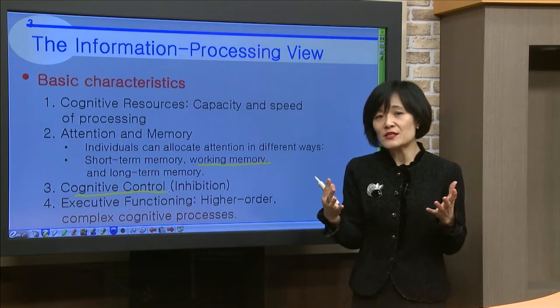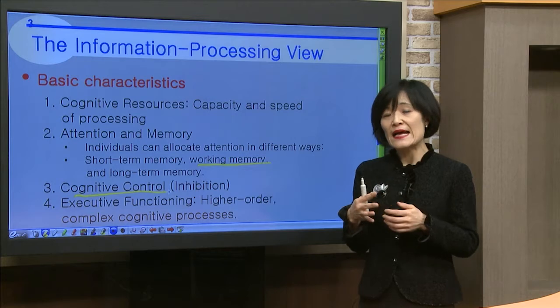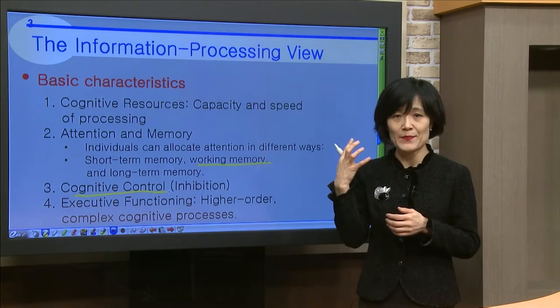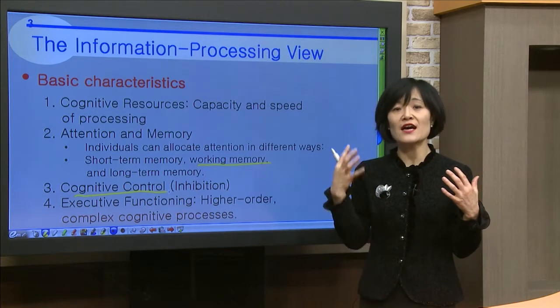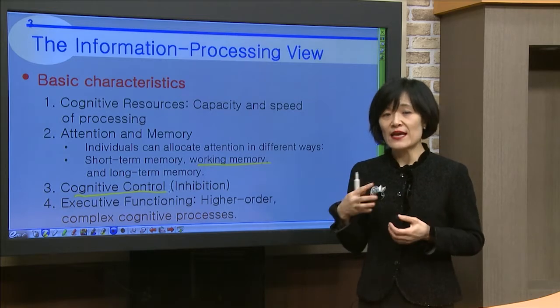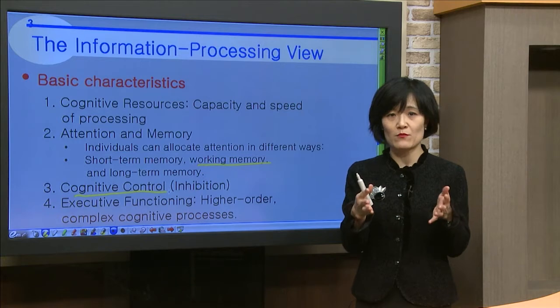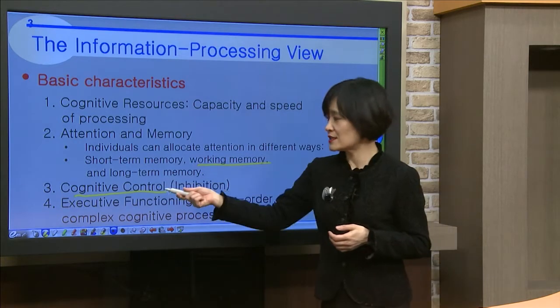Otherwise, for example in attention deficit disorder, children have difficulty controlling their cognitive activity sometimes. They are very active cognitively in every stimulus and every activity. Then it's very difficult to concentrate on the more significant activities if you can't do cognitive control.